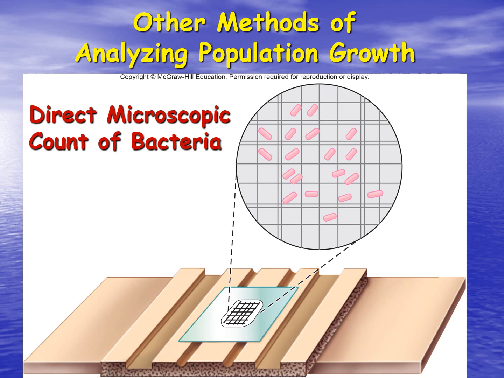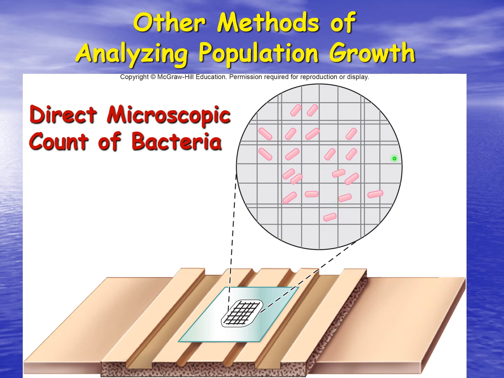The direct microscopic count using this cytometer slide uses a specialized grid that is divided into 25 large squares, and this is one of the large squares, which has 16 smaller squares in it. What we then do, under high power, is count the number of microbes within one of the large squares. So I can count 1, 2, 3, 4, 5, 6, 7, 8, 9, 10, 11, 12, 13.